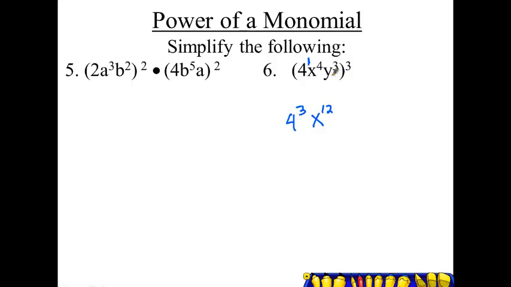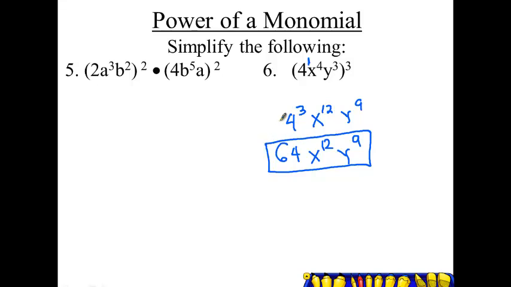And finally, y raised to 3 raised to 3, that's y raised to 9. 4 raised to 3 is just equal to 4 times 4 times 4, which is equal to 64. Bring down your x12, bring down your y9, and this will be your final answer.